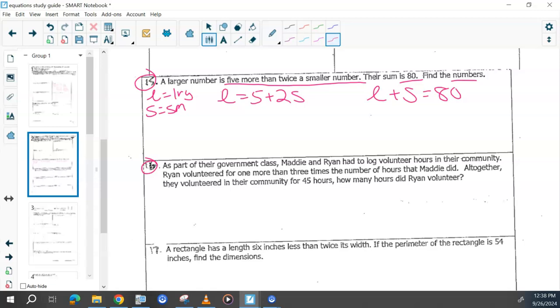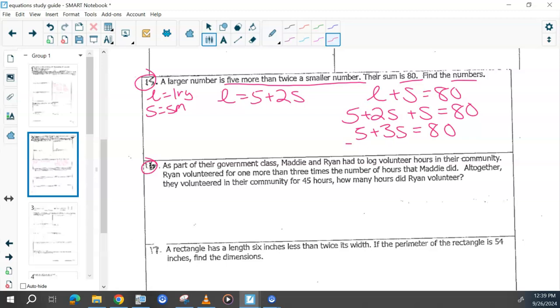So we're going to take that equation for L, put it in where L is. So 5 plus 2S plus the S that was already there equals 80. And once you have your equation, solve. So combine your S's, add 2S and S to get 3S.